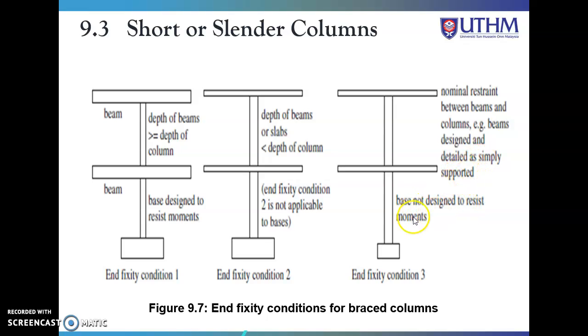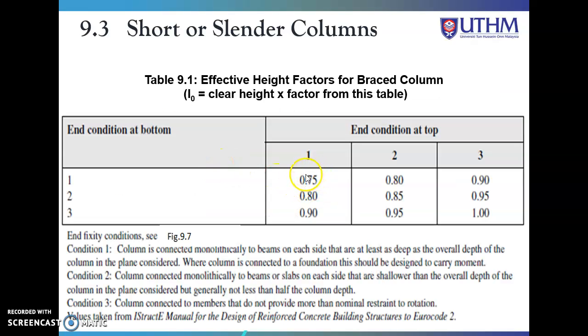Base are not designed to resist the moment. So, dia depends on the end fixity condition. Nak nilai dia tu, berapa nilainya. Let's say, dalam keadaan yang pertama, dia punya beam adalah lebih besar atau sama dengan depth of the column. So, dia akan ambil value 0.75.